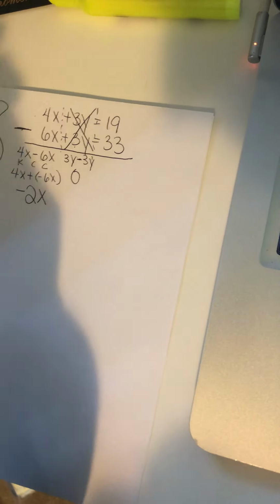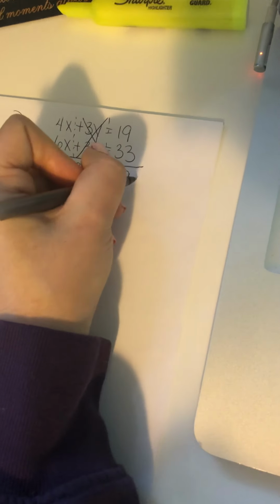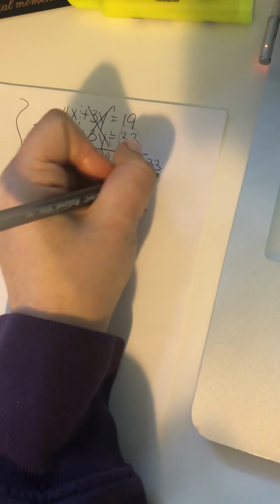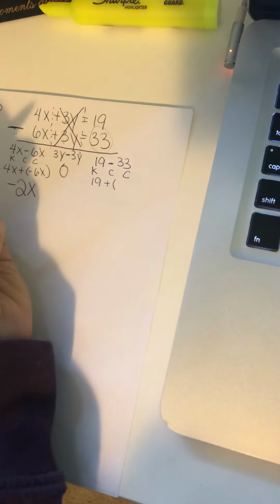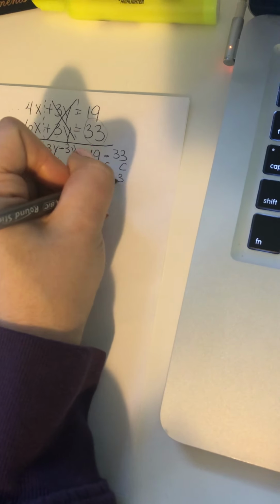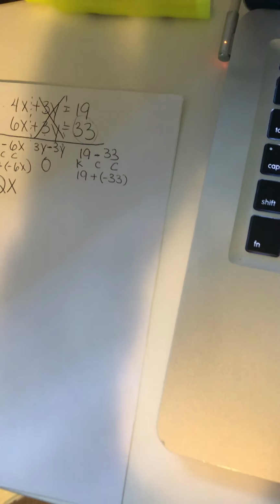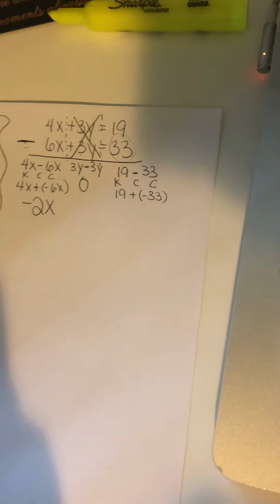And then we have our last one. We have 19 minus, because we're subtracting, 33. So we do keep, change, and I get 19 plus negative 33, which will give us negative 14.